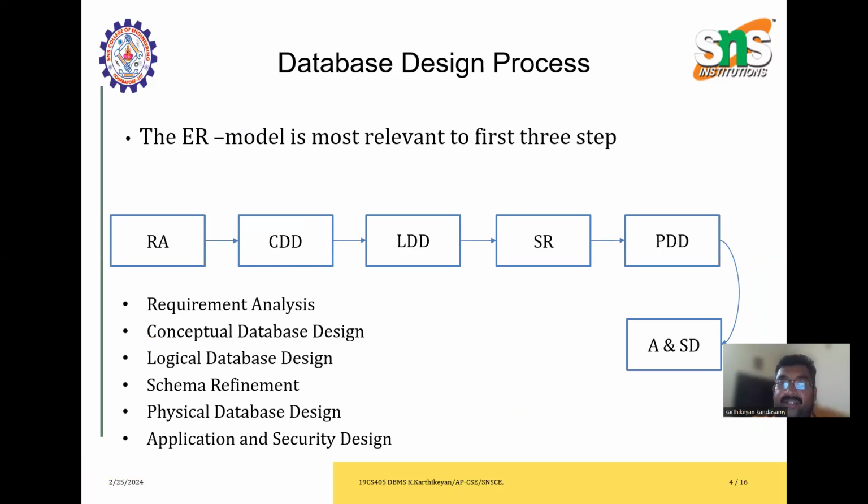This is database design. He or she who studied agile software engineering or software engineering knows the easiest method: first requirement analysis, second conceptual database design, logical database design, schema refinement, physical database design, and application and security design.